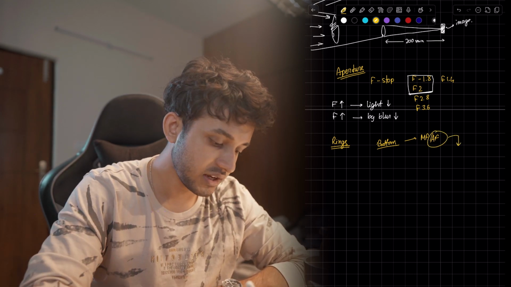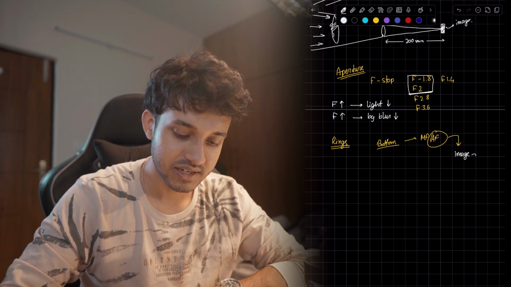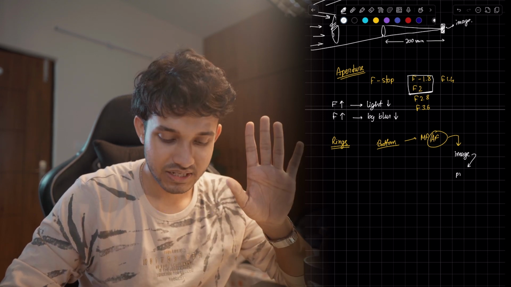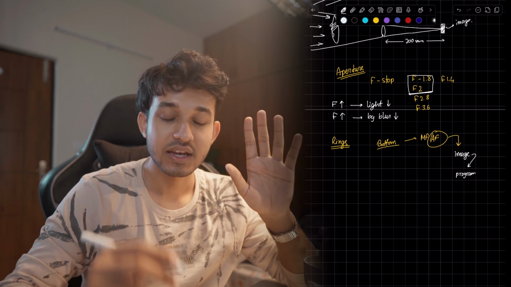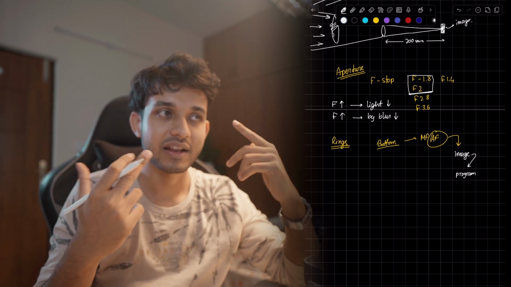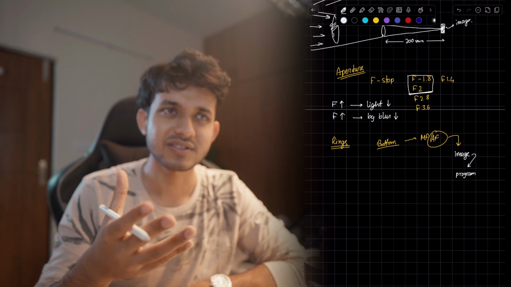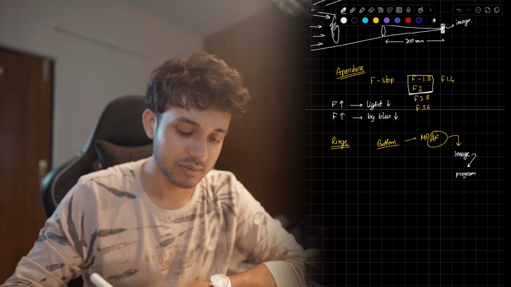So we get an image on the sensor. That image is sent to some program inside the camera body that is trying to identify where faces are, where eyes are, and where the most important thing inside the frame is. It generally works with faces or the most contrasty part of the image.